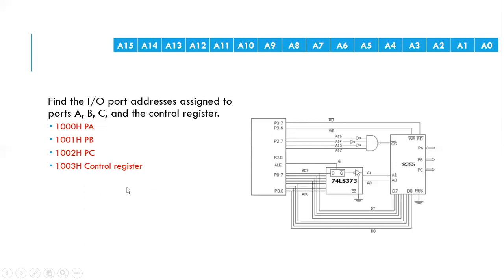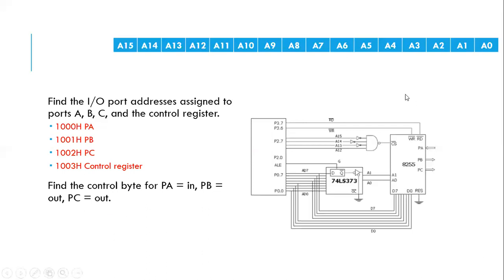So that's how. Next requirement is to find the control byte for PA as input, PB as output, and PC also output, isn't it?